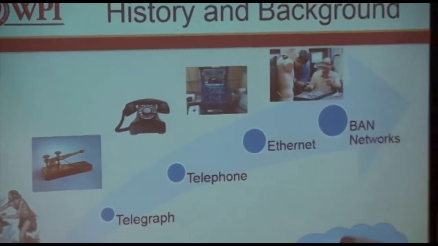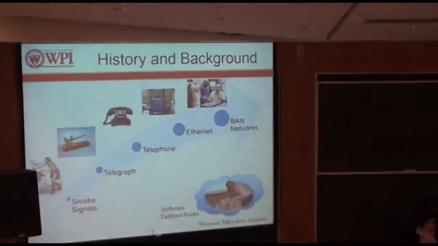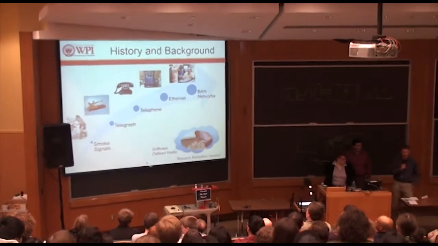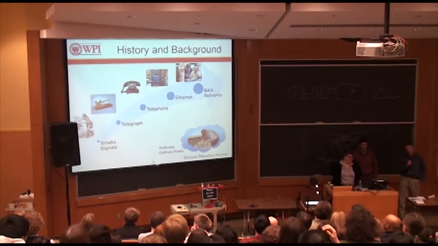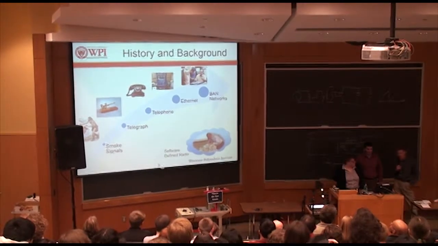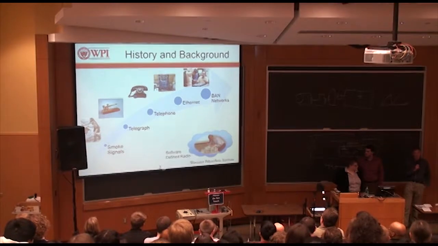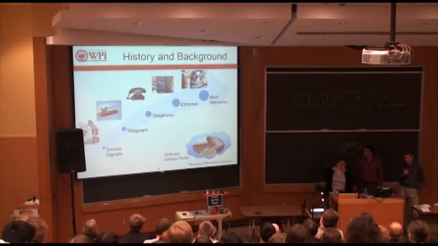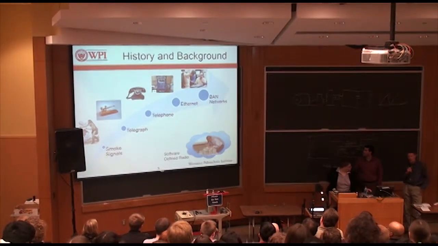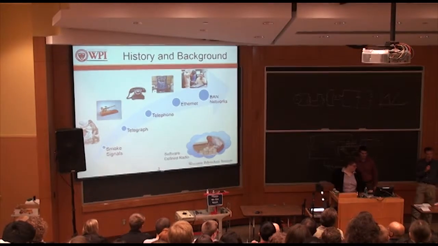So then they invented the telegraph machine, which was annoying. So we had to move on to telephones, which I don't personally understand, to Ethernet, which nobody understands actually, and then to band networks, which I took a class on and I don't understand that at all.